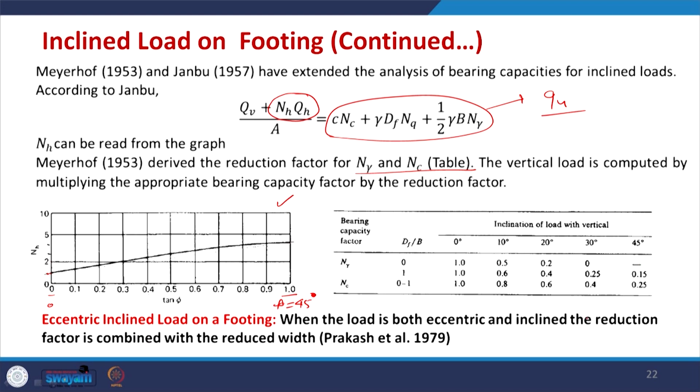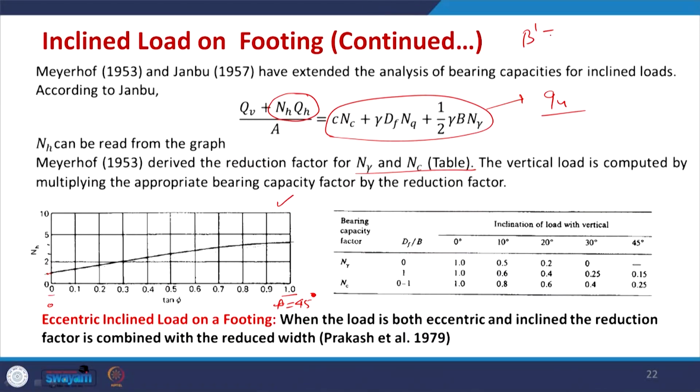So, this can be done, but there could be a case when you have an eccentric inclined load on the footing, that means you have eccentricity as well as inclined load. That means the footing is subjected to vertical load, moment as well as horizontal thrust. In that case, the third case, this will be equivalent to an inclined load acting at some eccentricity.